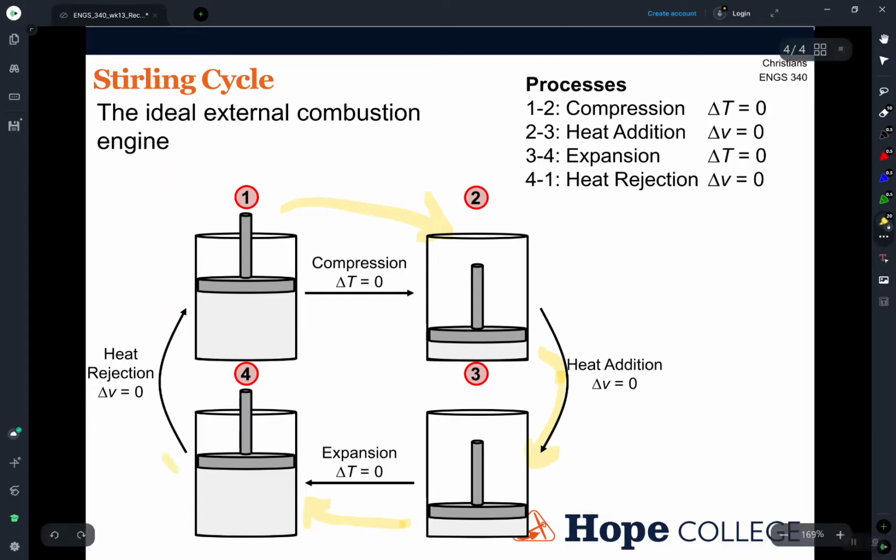Then we have a constant volume temperature change from 4 to 1. So we're cooling the gas down and lowering the pressure, keeping the volume the same. Kind of a weird cycle. We'll watch a video and then talk a little bit more about this interesting external combustion cycle.